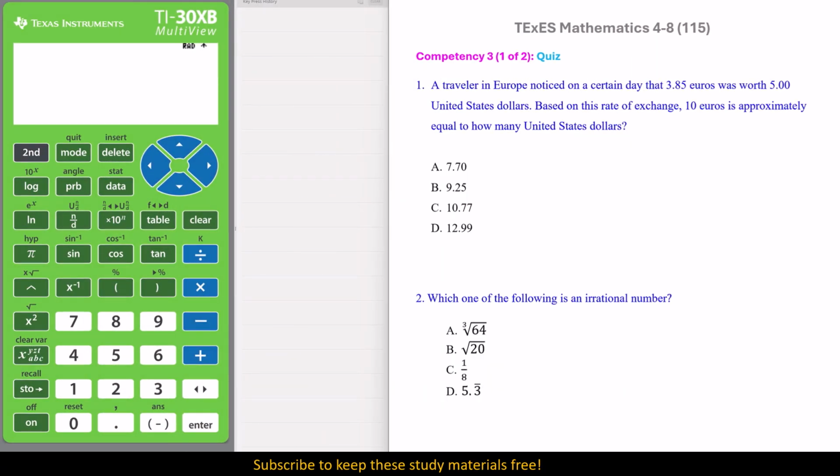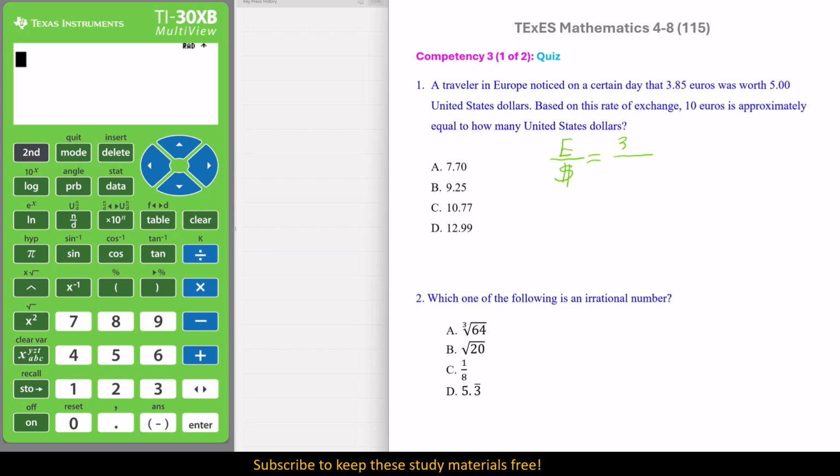Number 1. A traveler in Europe noticed that on a certain day that 3.85 euros was worth 5 US dollars. Based on that rate of exchange, 10 euros is approximately equal to how many US dollars? Okay, this is actually a proportion. You may not remember this. However, what we need to set up is euros to dollars.